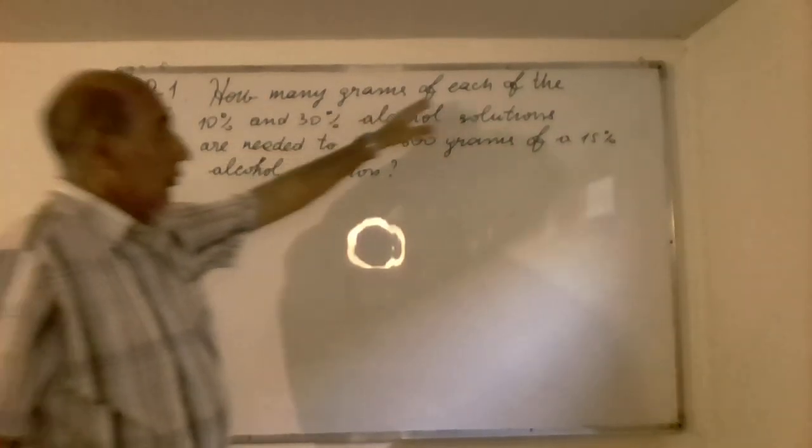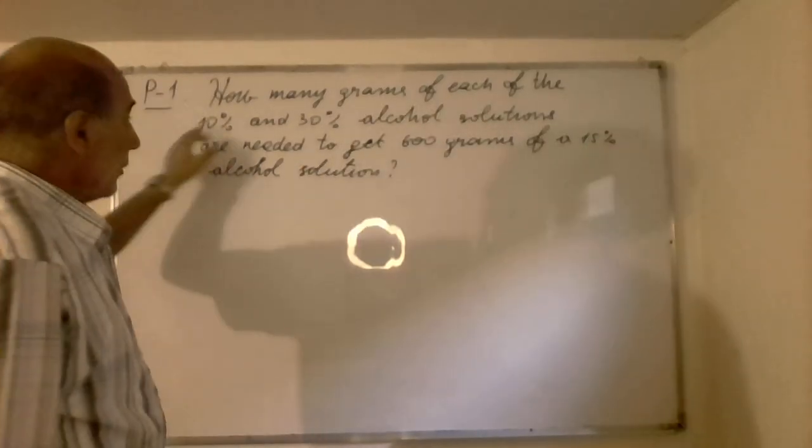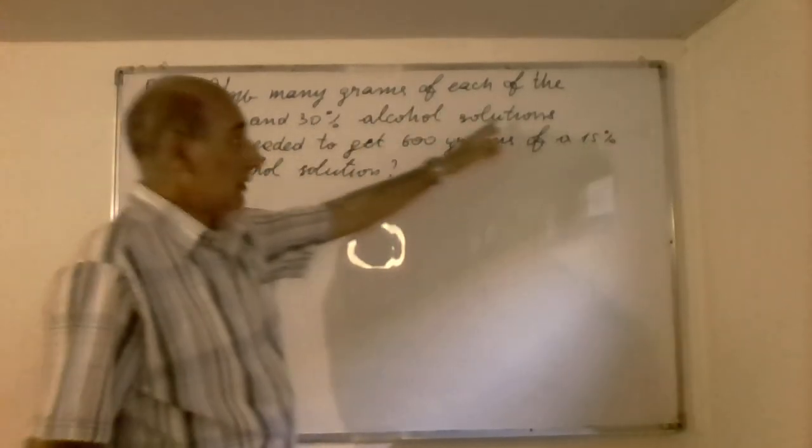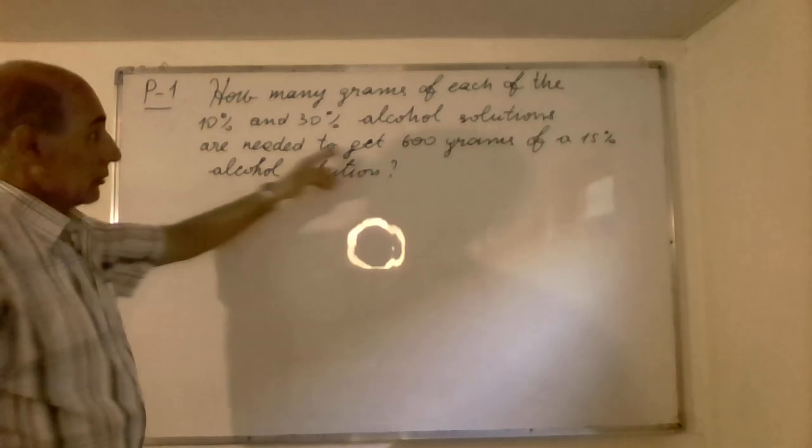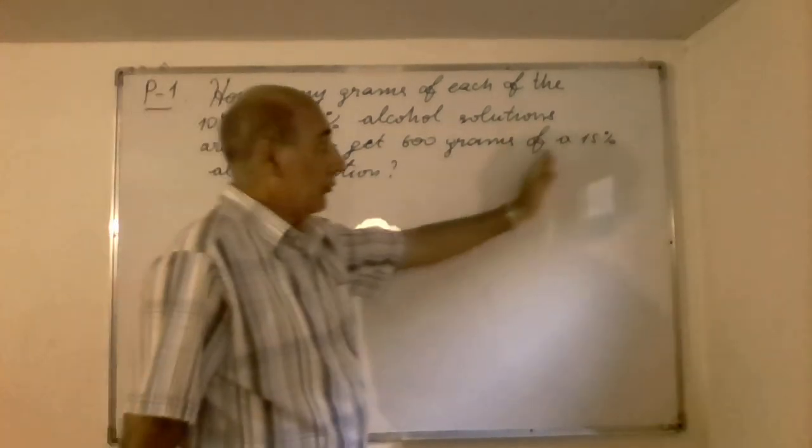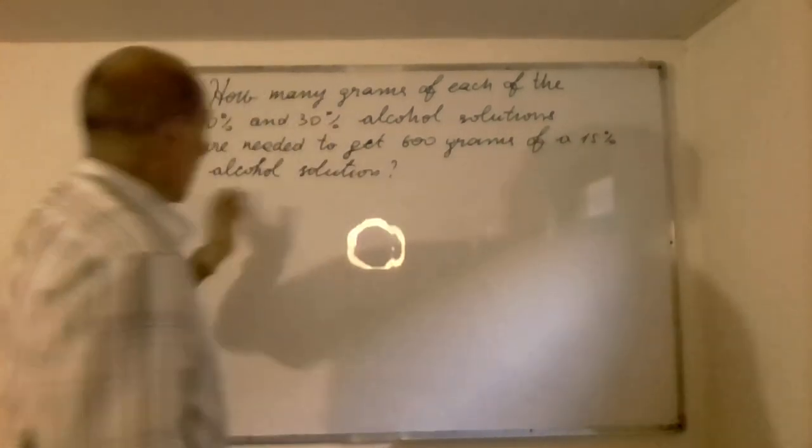How many grams of each of the 10% and 30% alcohol solutions are needed to get 600 grams of a 15% alcohol solution?